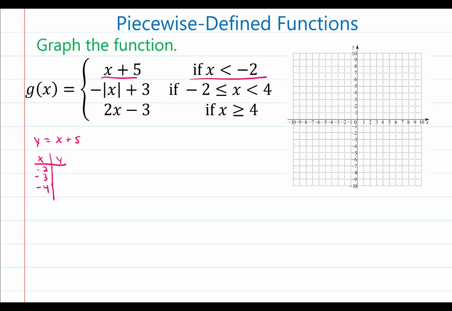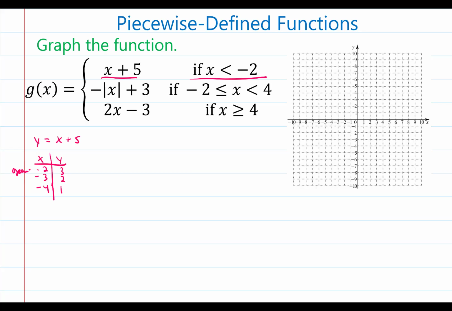And because it's a boundary, but not necessarily part of my domain, I'm going to use an open dot for that point. Now I'm going to evaluate this equation for the values of -2, -3, and -4. So -2 plus 5 is +3, -3 plus 5 is +2, and -4 plus 5 is +1.